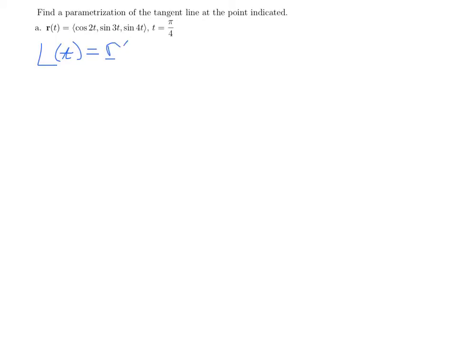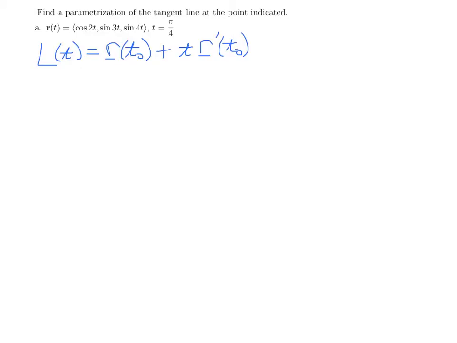the path evaluated at the given point plus the parameterization, which is the t, times the direction vector, and since our direction is in the tangent direction, it only makes sense that we would multiply that by r prime of t naught.